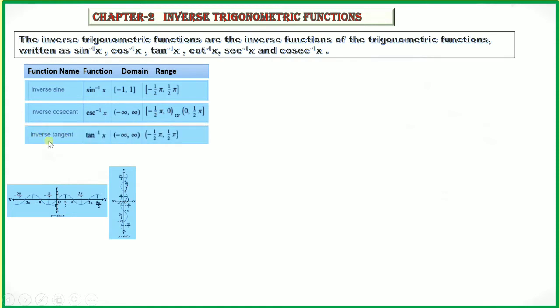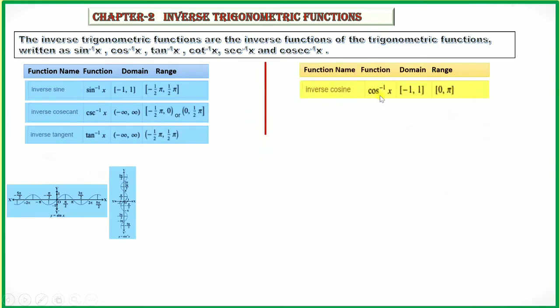Next one is tangent, tan inverse x, with domain -infinite to plus infinite, and its range is -pi/2 to plus pi/2. The next is cos inverse x, same as sine, its domain is -1 to +1 and range 0 to pi.